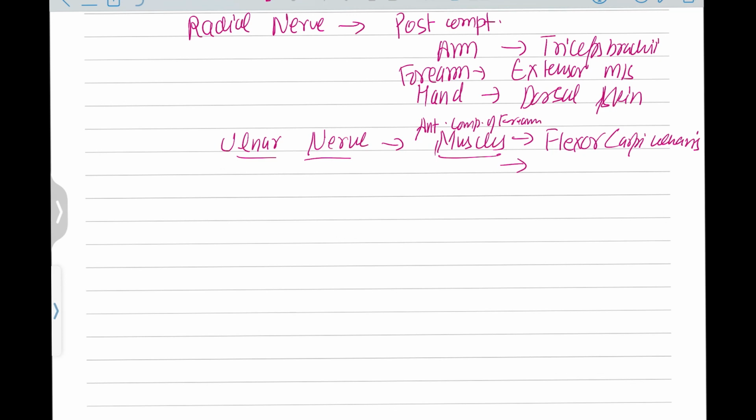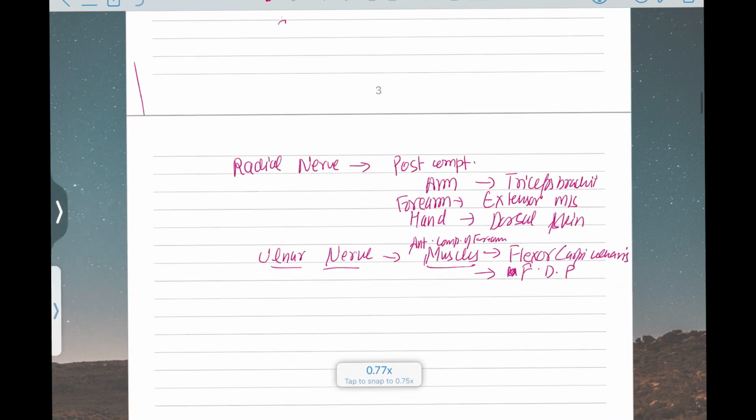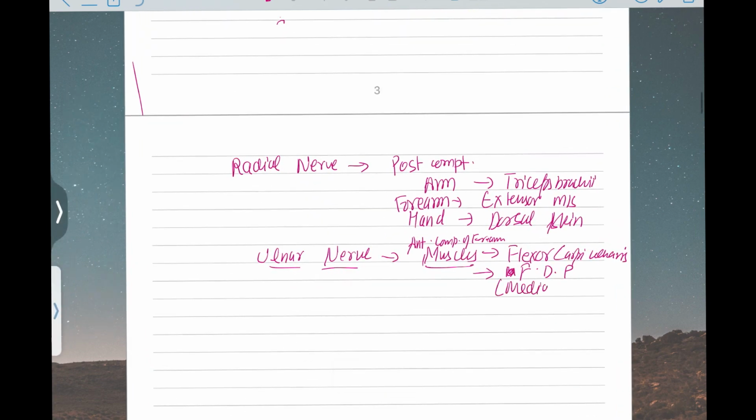They both supply your anterior part. Okay, let's move forward. And also all the intrinsic muscles of your hand, except the three thenar muscles and the two lateral lumbricals, as I have told you earlier. Which head of the flexor digitorum profundus? The medial head. Let me write intrinsic muscles of your hand.